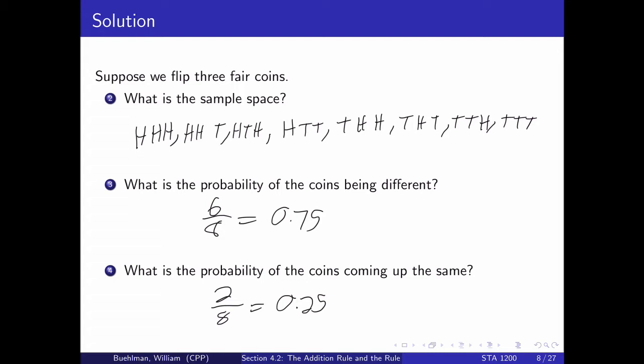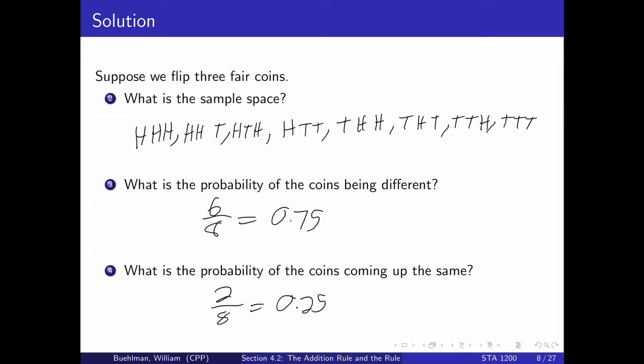So if we look, we see we have heads, heads, tails; heads, tails, heads; heads, tails, tails; tails, heads, heads; tails, heads, tails; and tails, tails, heads. So that's 6 outcomes out of the 8 that are different, that don't have all heads or all tails. So the probability of the coins being different is 6 divided by 8, which is 0.75.